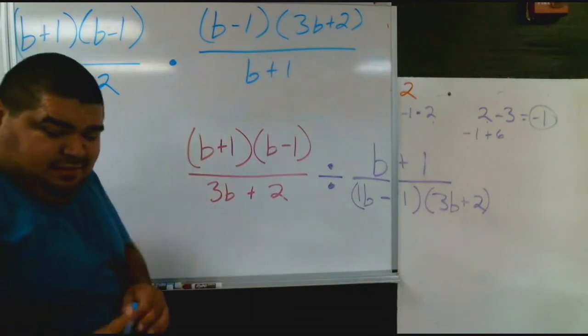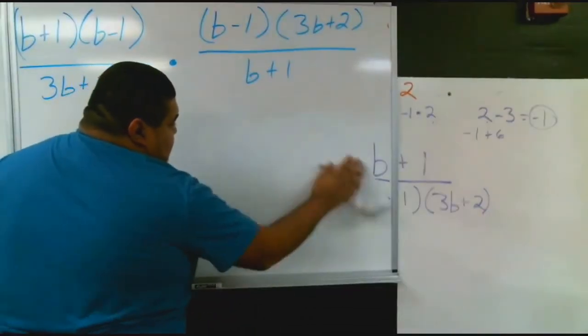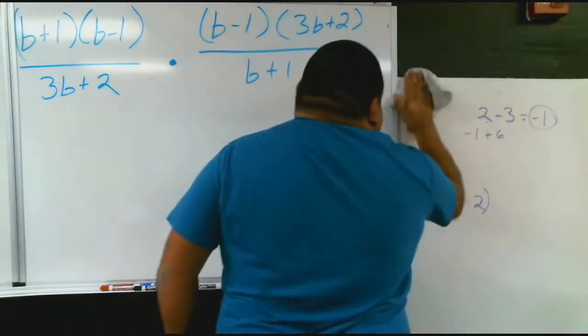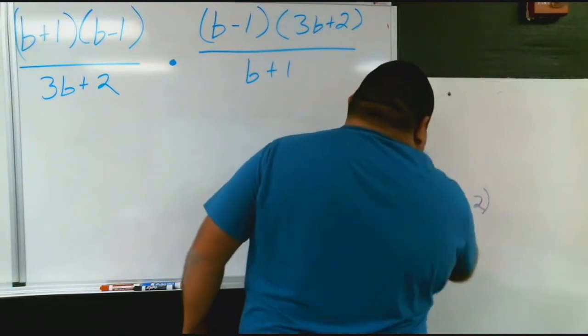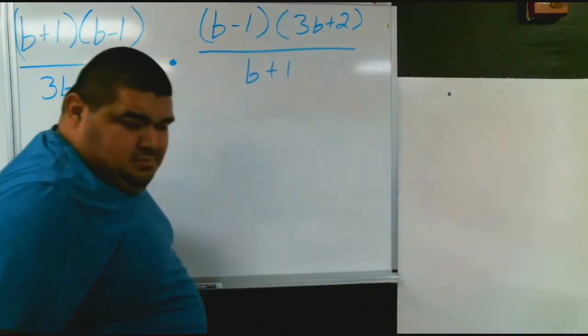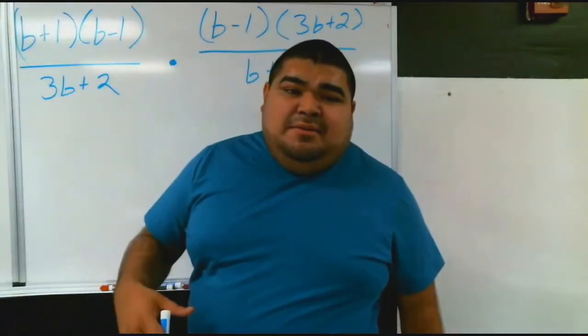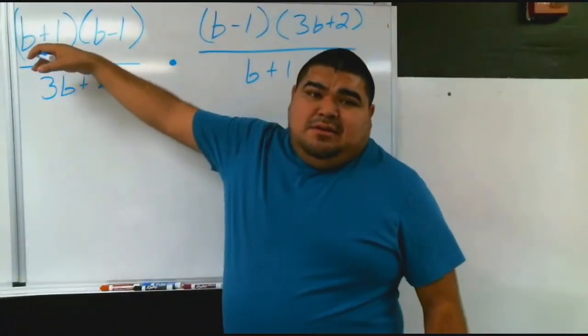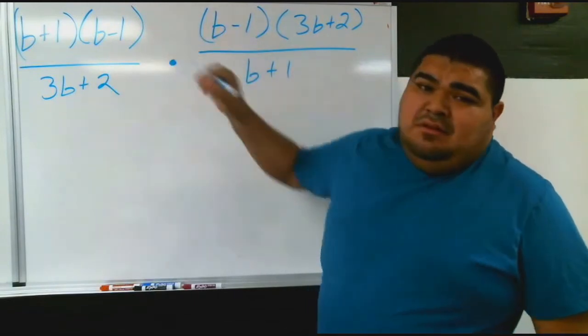Now that we have it all written out completely, we can actually start canceling things out. Do we have anything that is the same here, that is the same down here on the opposites?